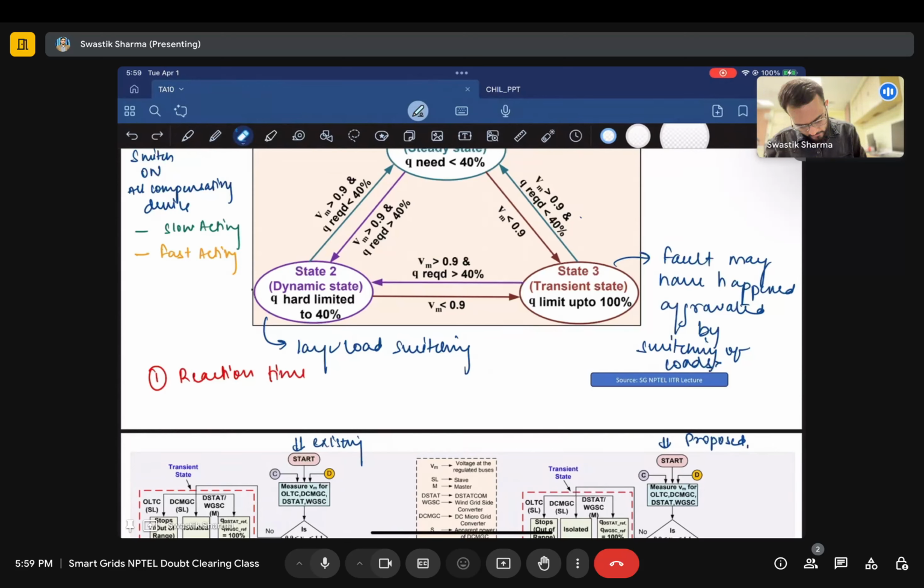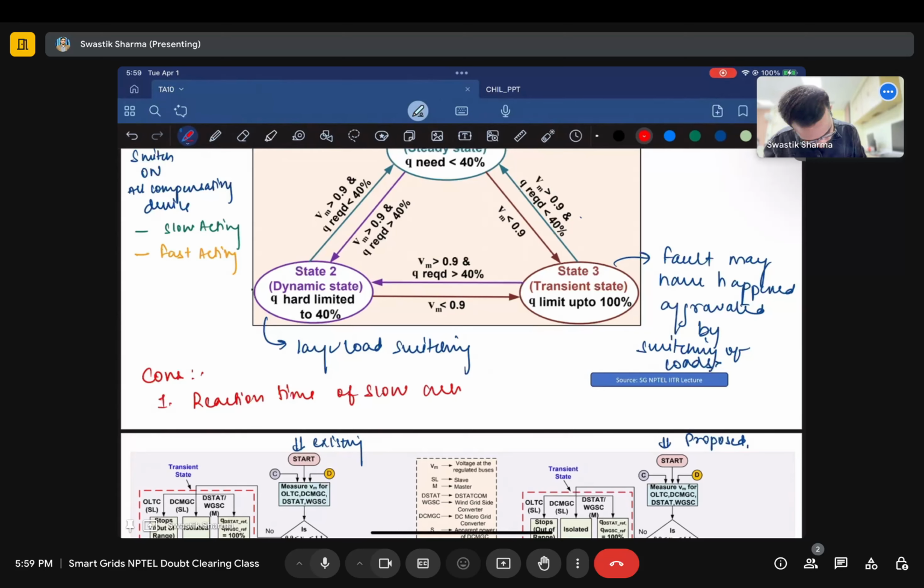I should write it like cons, and then it'll be much better if someone just goes through the notes. Taken into account. Very good.